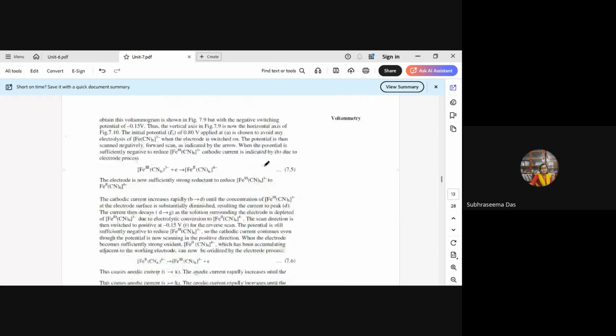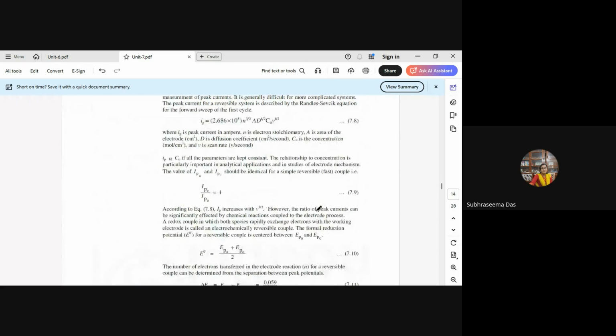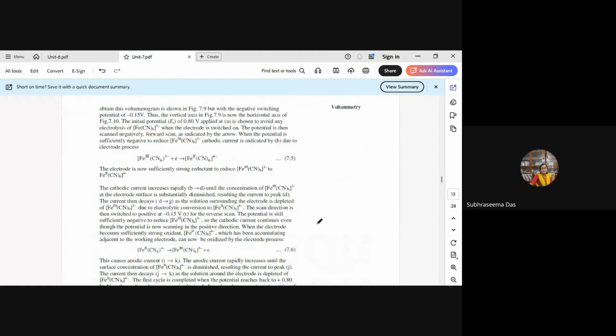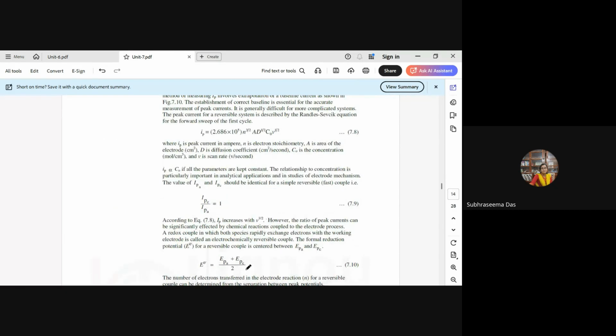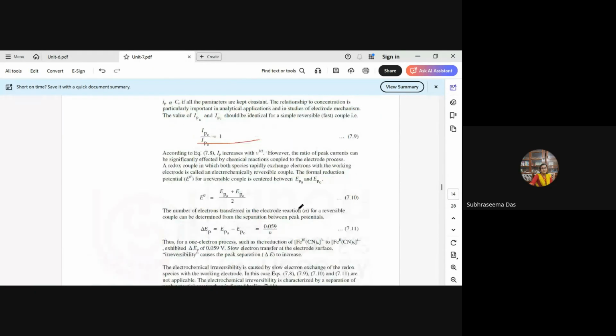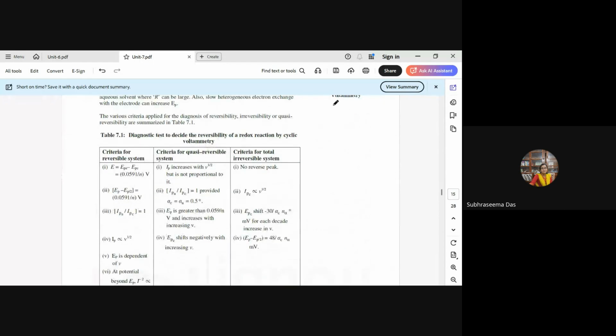So we were talking about cyclic voltammetry. Here cyclic voltammetry has been discussed. If you look into this chapter, it has been discussed very briefly how we can measure the cathodic currents or the anodic currents and the potential. The formula has also been given in different parts, so you have to remember all these formulas and write how CV is helpful in analysis of different redox reactions.